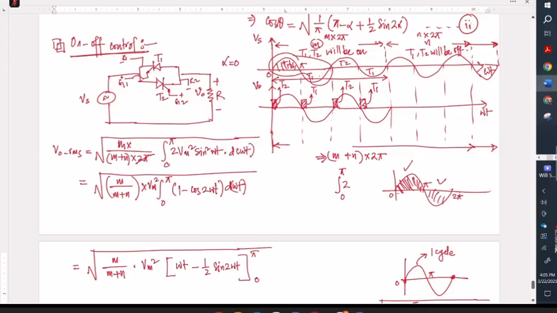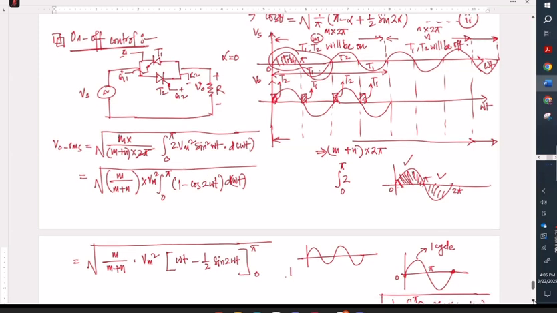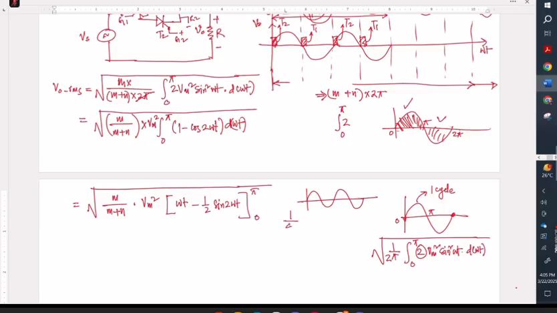Please repeat this part once. Suppose you have 2 cycles, okay? So now if you write it down, 1 over 4 pi, and then you are doing that 0 to pi, and then Vm square sine square omega t multiplied by d of omega t.